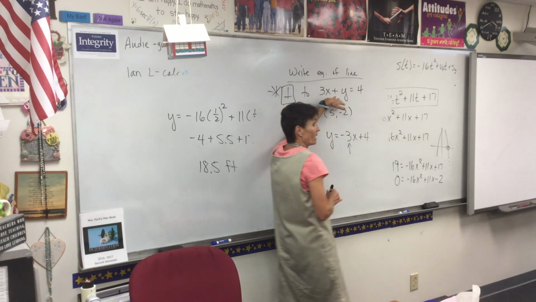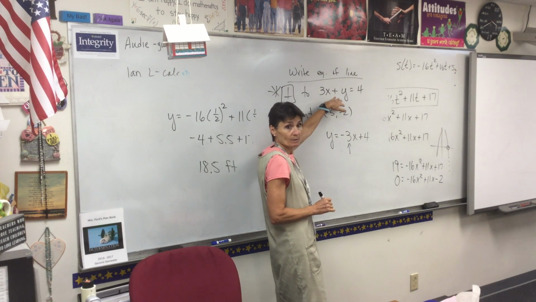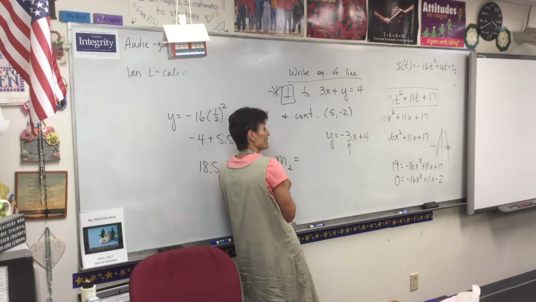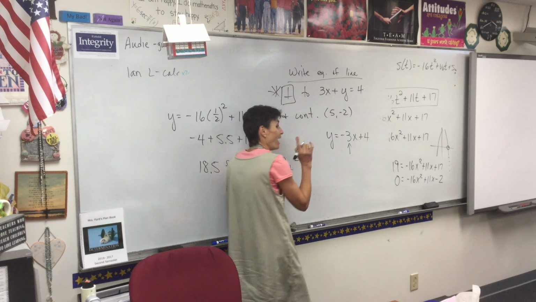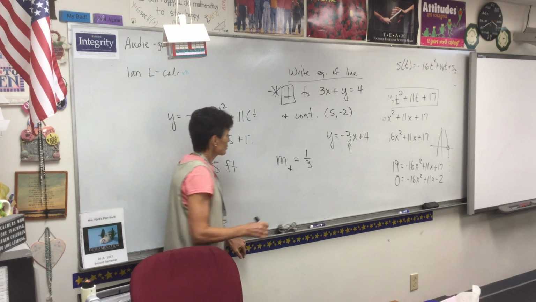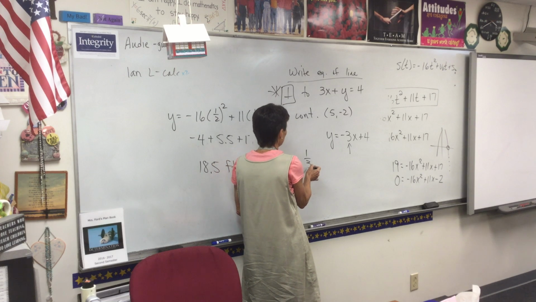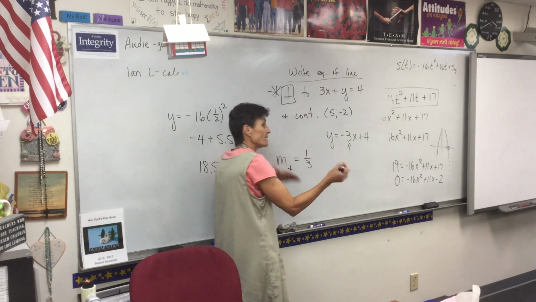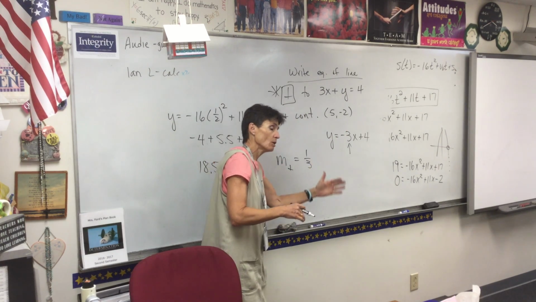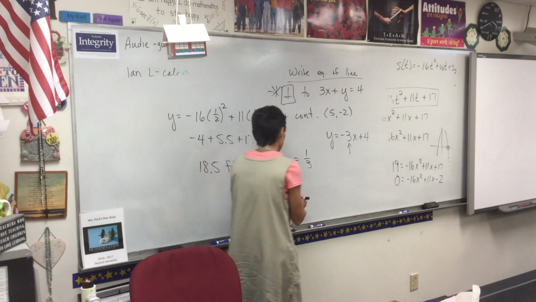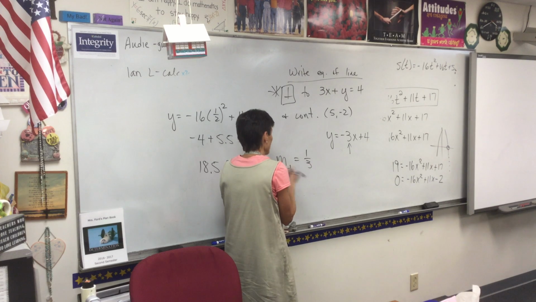So the slope of this line is negative 3, which means the perpendicular slope will be positive 1/3. Now we have our slope and we have our point. So then it's up to you. You're either going to point slope it or slope intercept it, whatever you like to do. I slope intercepted last time, I'll point slope this time.